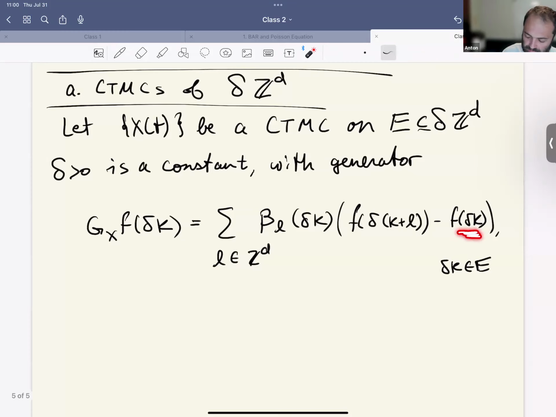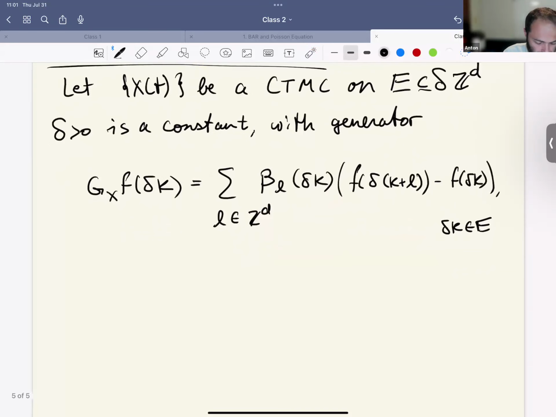I start from delta K and then go to delta K plus L. And this object here is the transition rate. So this is the rate, if I'm in state delta K, that I'm going to make a transition in the direction L, right?